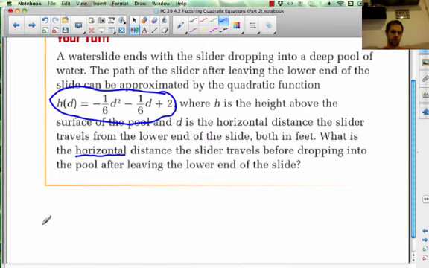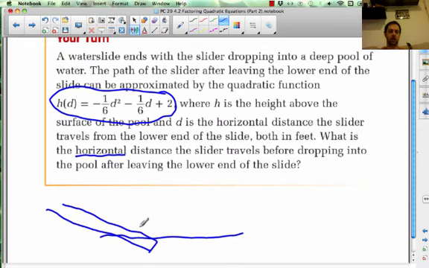Alright, so basically what this looks like is we have a swimming pool here, and your water slide comes down and it goes eventually into the water like that. So this is the end of your slider. Now, what we want to figure out is how far we go horizontally, this distance, before the slider drops into the pool.